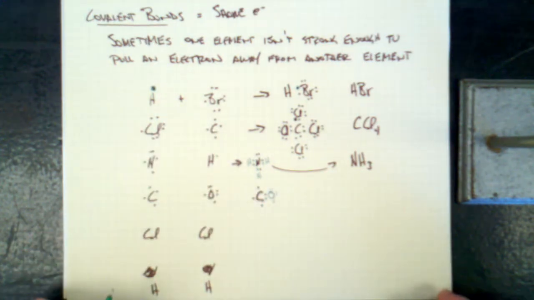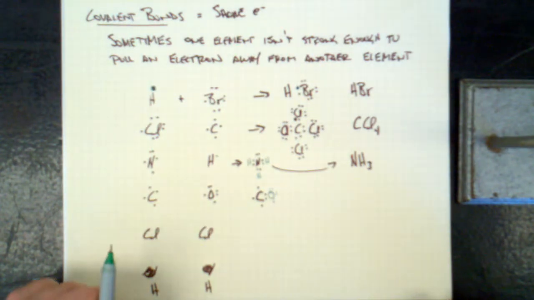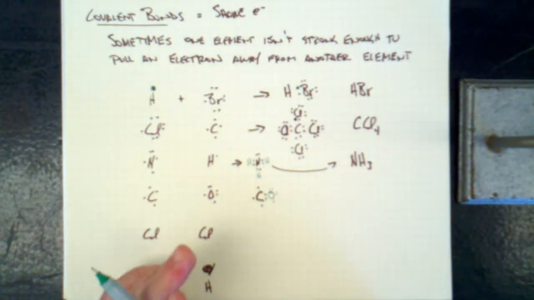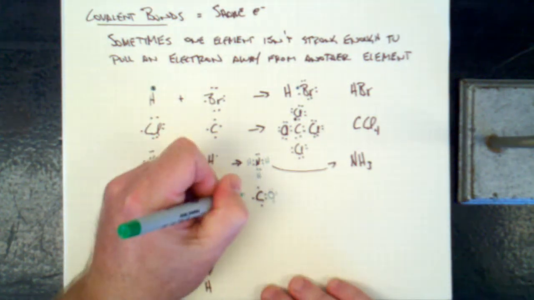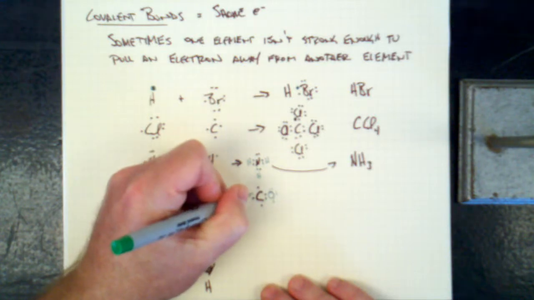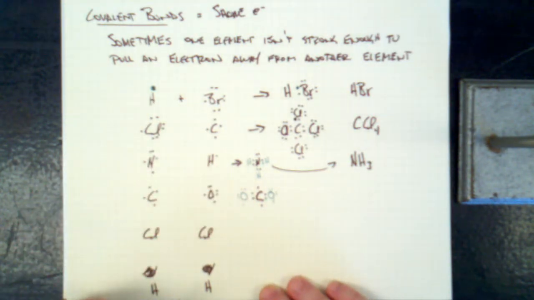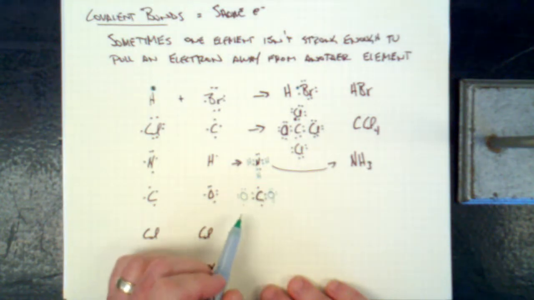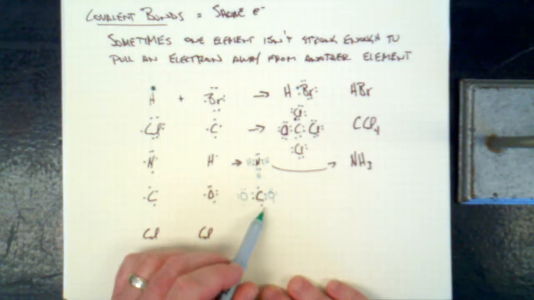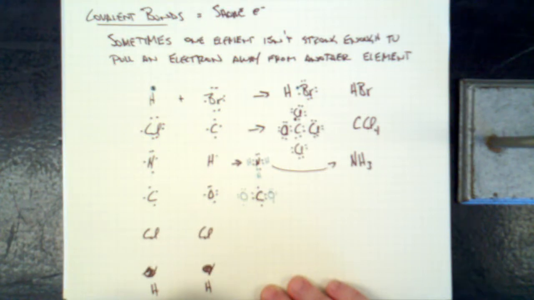So it's got some sharing going on here. Can we take another oxygen? Yeah. It's got 6. Problem is, we got 7 here, and 7 here, and only 6 electrons around the carbon.